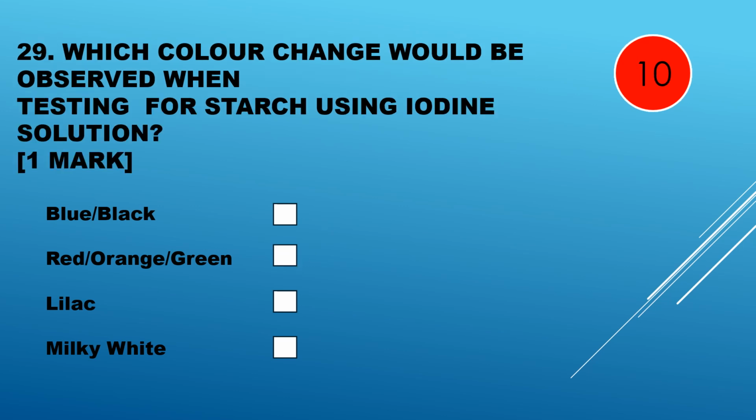Question 29. Which colour change will be observed when testing a starch solution using iodine? Would it be blue-black, red-orange-green, lilac or milky white? Iodine solution with starch goes blue-black.